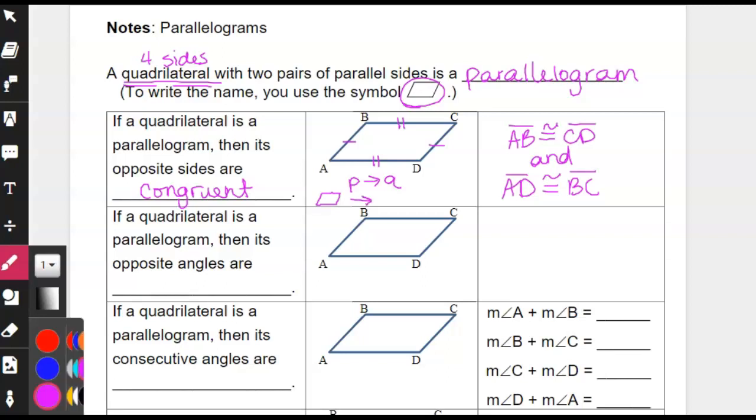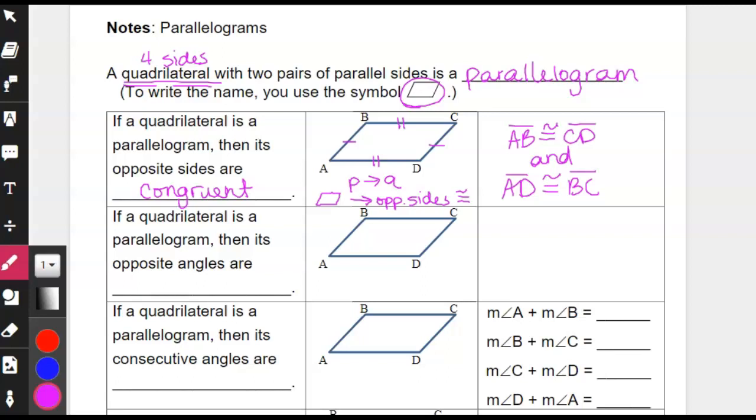Then, what was the conclusion? The opposite sides are congruent, right? So remember, this is an abbreviation to use in justifications later on. So opposite sides congruent. See how shortened that is? Makes it really easy to use it to justify things later on.